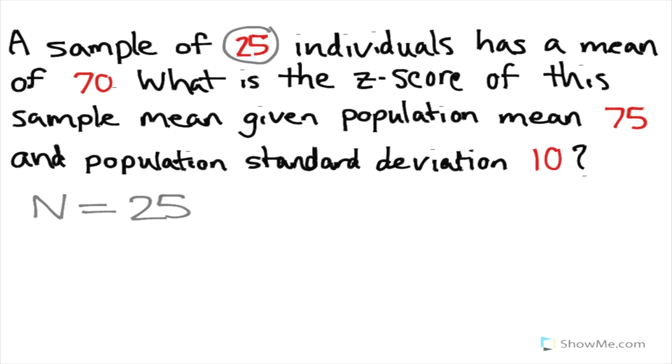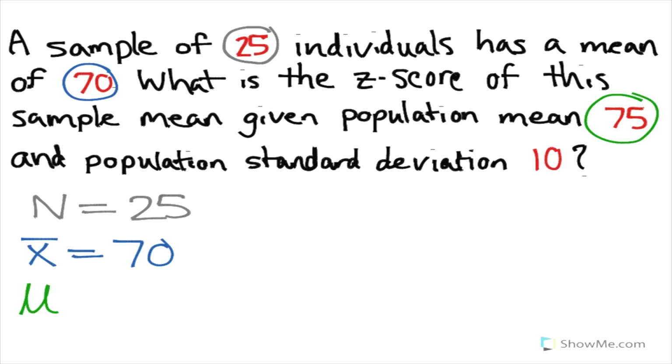We have a sample mean of 70, so now x bar is 70. We have a population mean of 75, so mu is 75, and a population standard deviation of 10, so sigma is 10.